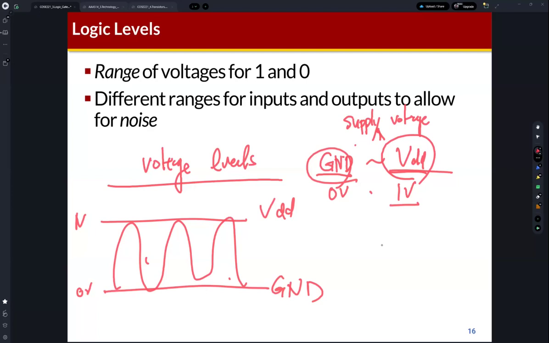In the previous class I showed that we can set up one threshold level, and if the voltage level is higher than this threshold level, then we can say the voltage is 1, and otherwise it is 0. That is how digital signals are translated from analog signals, right?